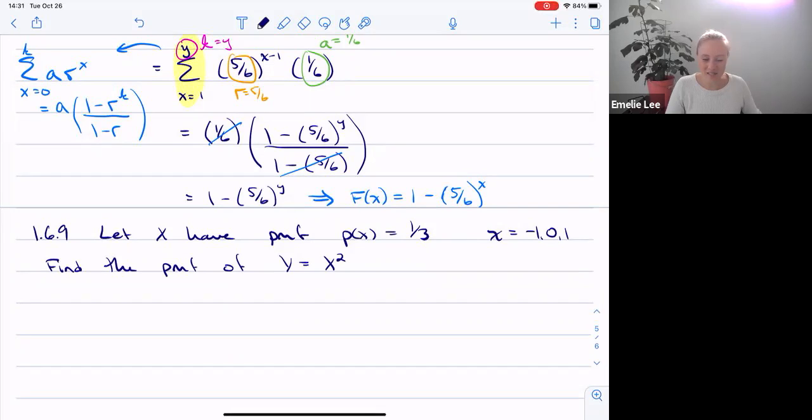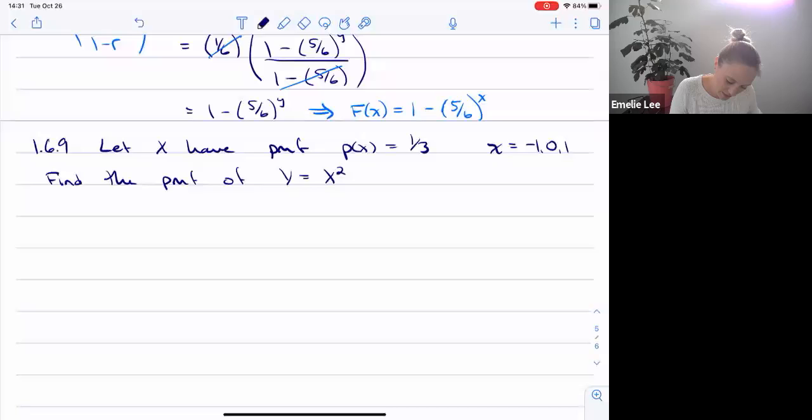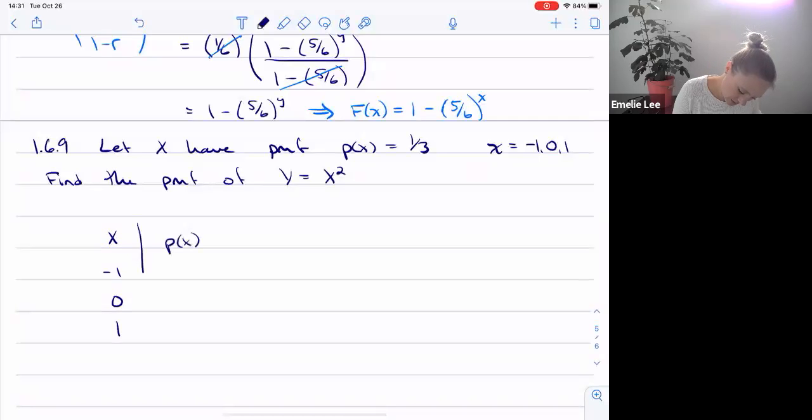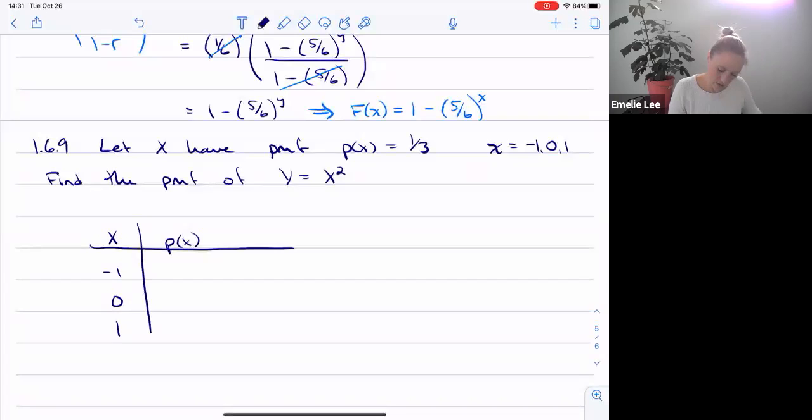I'd say the easiest way to deal with this one, because I have these unique values of X and I have the probabilities. If X is -1, 0, 1, then the probability of each is 1 over 3. It's a uniform distribution here.